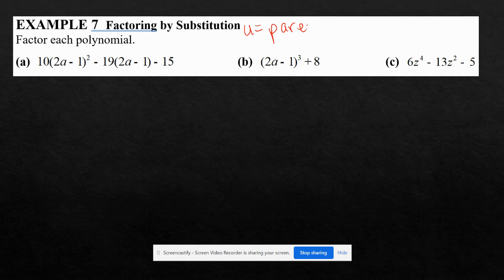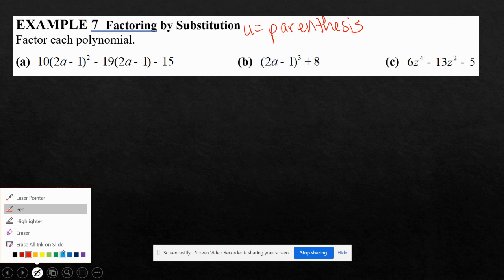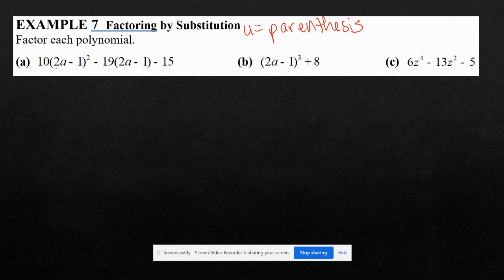Usually. So I'm going to start with A. And we have this 2a minus 1 that is really making it awkward for us. So I'm going to replace that 2a minus 1 with u. If I do that, that's 10u squared, because there's a square out there, minus 19u minus 15.